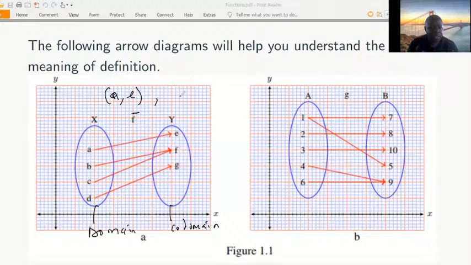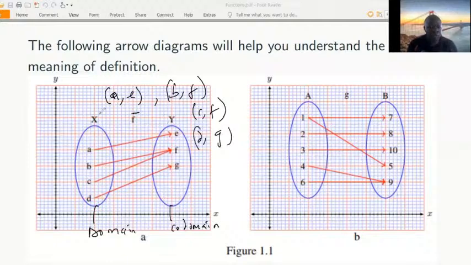B has been assigned f. C has been assigned f. D has been assigned g. So we notice that every element in X has been assigned a single element in Y. And therefore, our f qualifies to be a function.